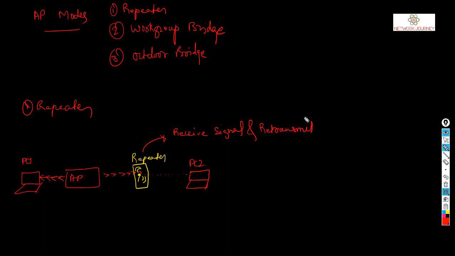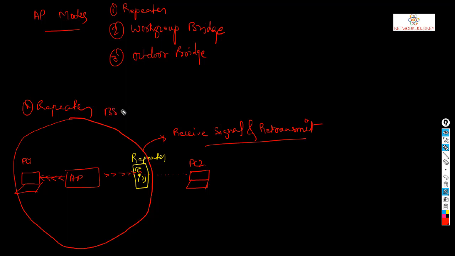So it just cannot be placed wherever you want. Okay, there is some logic behind that. So let's say this is my BSS. The repeater will be placed within that BSS, between the AP and the repeater. And now make sure PC2 falls within the BSS of the repeater.